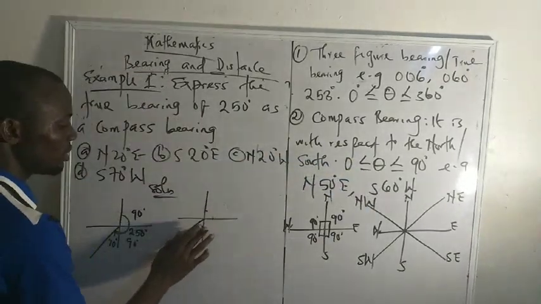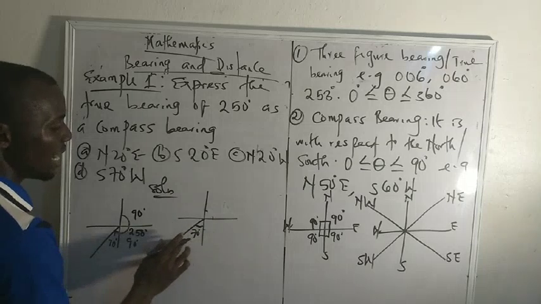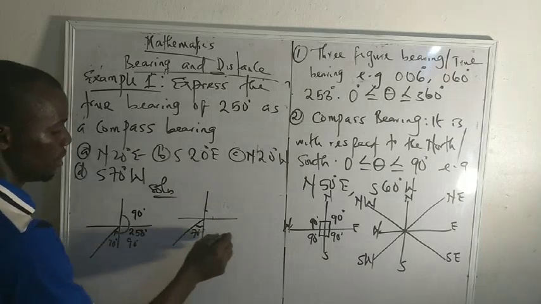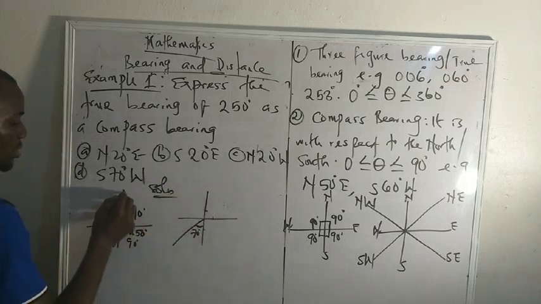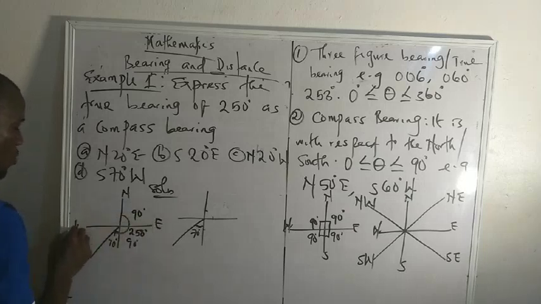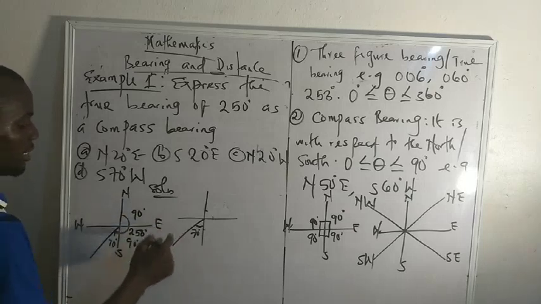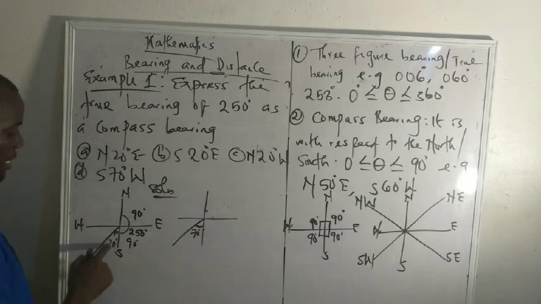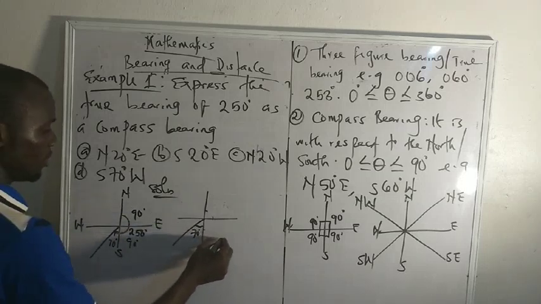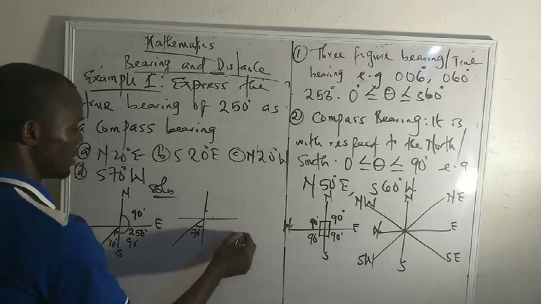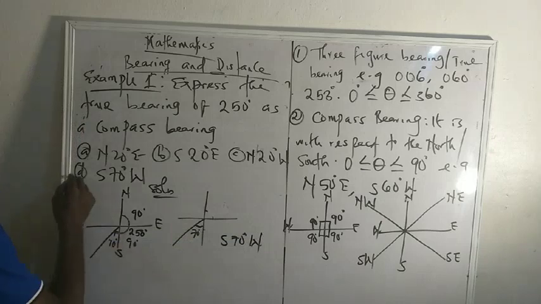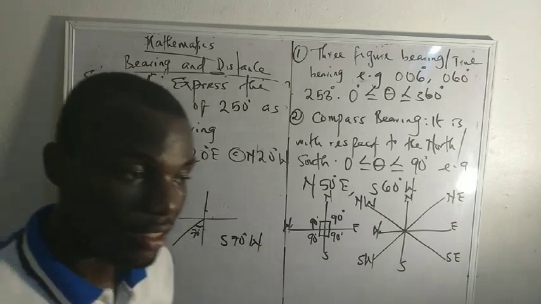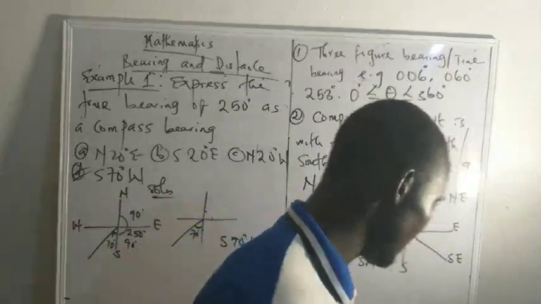So I'm going to take this particular region, and this is what we are looking for. If this is north, east, west, south, the answer here is going to be 70 degree southwest. And that is what we have as option D. So option D is the correct answer.